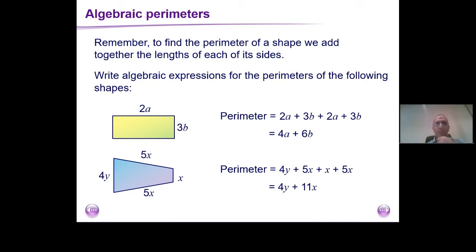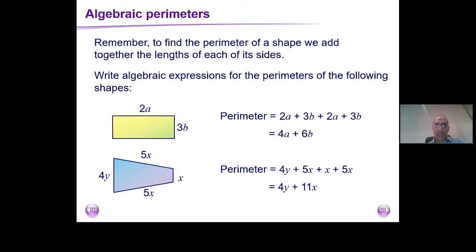Now algebra could also be used for lengths and widths and finding perimeters. So in this question here, it's asking you to find the perimeter of this rectangle. Now you know this side at the top is 2a, and the other side underneath it is going to be 2a. And the side to the right, the width is 3b, so the width on the other side is 3b.